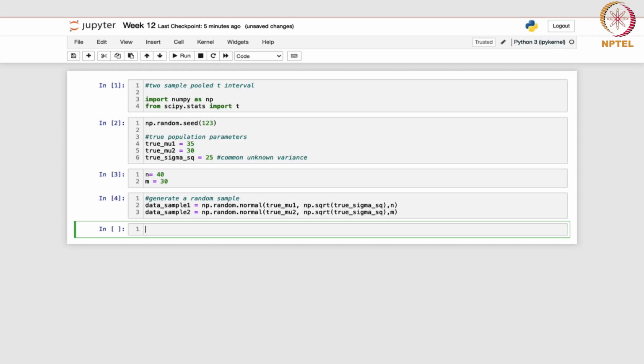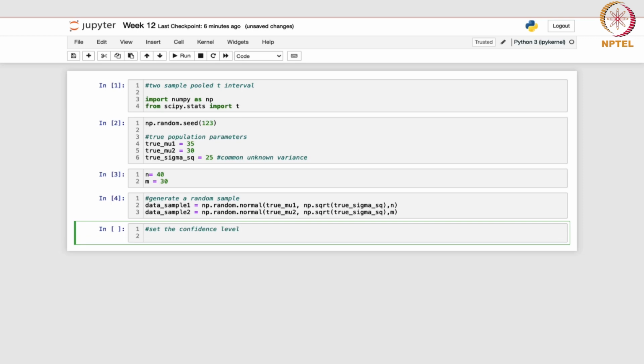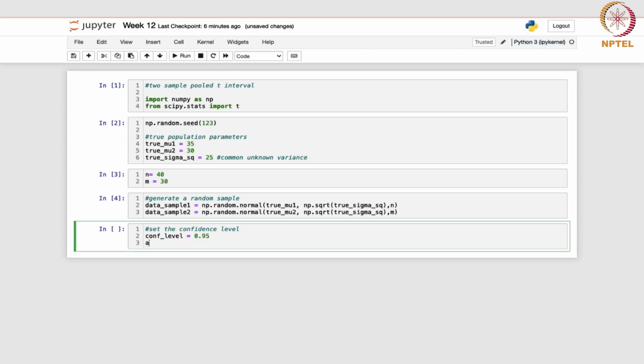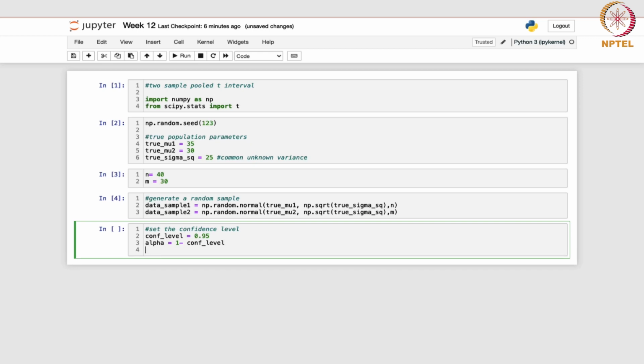Now we will set the confidence level. Conf_level, let that be 0.95. And alpha will be 1 minus conf_level, and we need the degrees of freedom, so let that be n plus m minus 2, right?